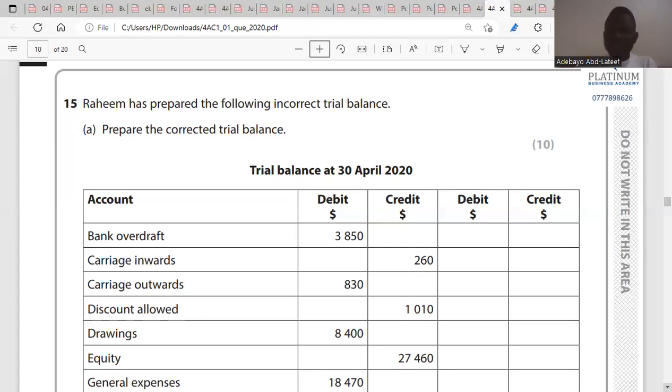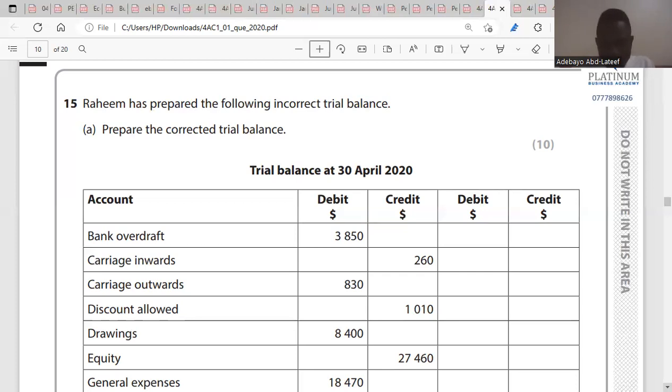You are going to put 3850 not on the debit side, but on the credit side. So the trial balance you are seeing here is wrongly posted. It's not correct, but you are going to use your accountant's expertise to make it correct, because your trial balance must balance.